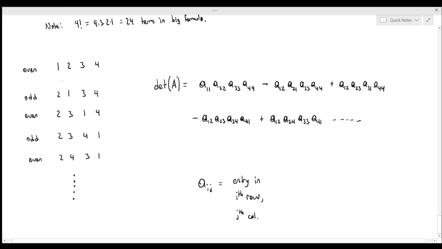When you're looking at all the permutations, the way the big formula works is they all go into the second subscript, so it's like the column. And then just keep the first subscript always 1, 2, 3, 4 for each term. So you're only permuting or reordering the second subscript, if you will. And then you always start with A1, A2, A3, A4 for the first subscripts.